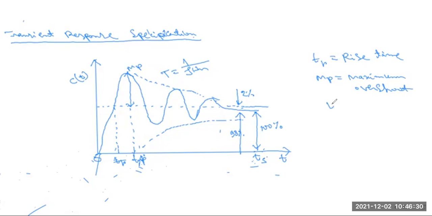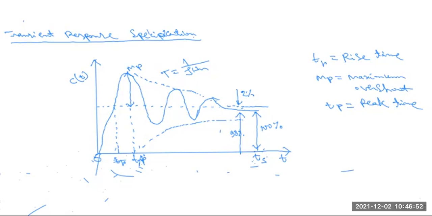Another one, TP, is called the peak time. These three terms are very important for the transient response specifications of the second order control system.